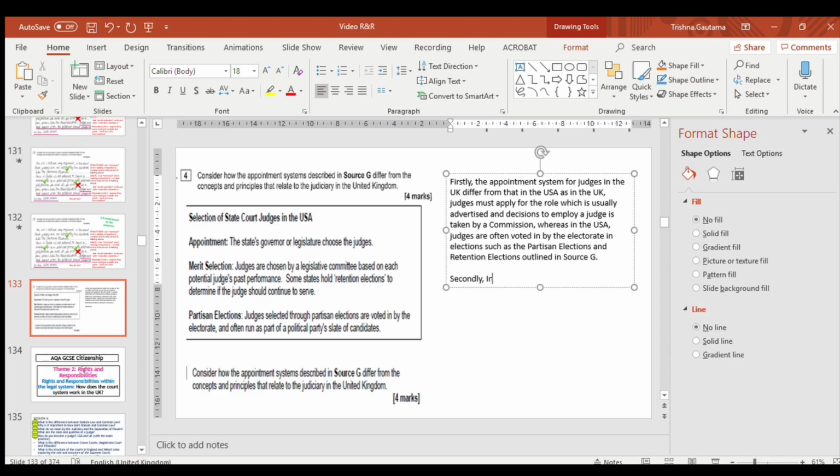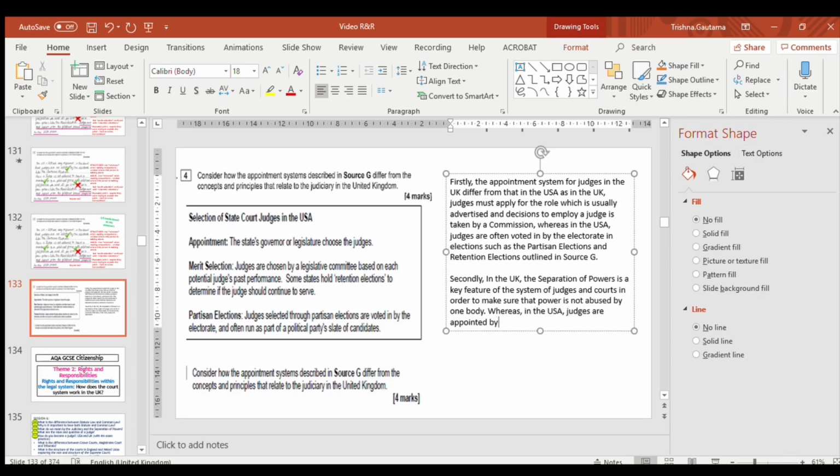Secondly, in the UK, the separation of powers is a key feature of the system of judges and courts in order to make sure that power is not abused by one body. Whereas in the USA, judges are appointed by the state governor or legislator, which merges the power of the 3 bodies.